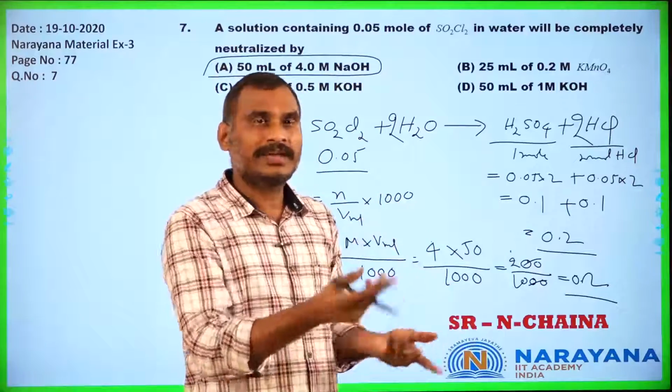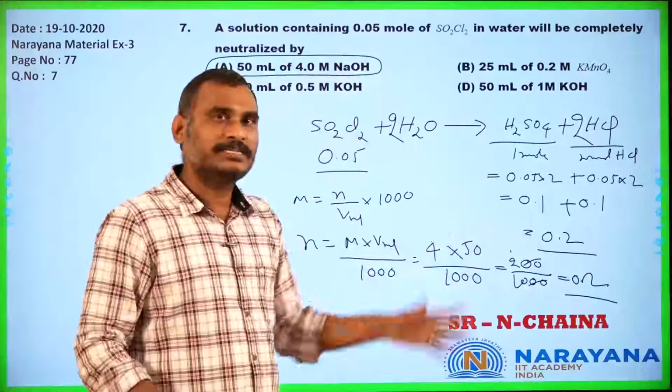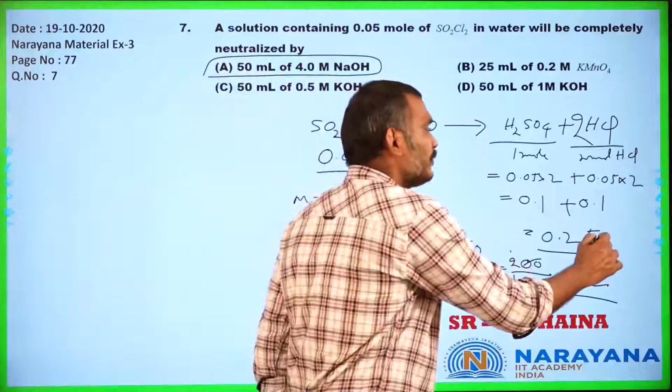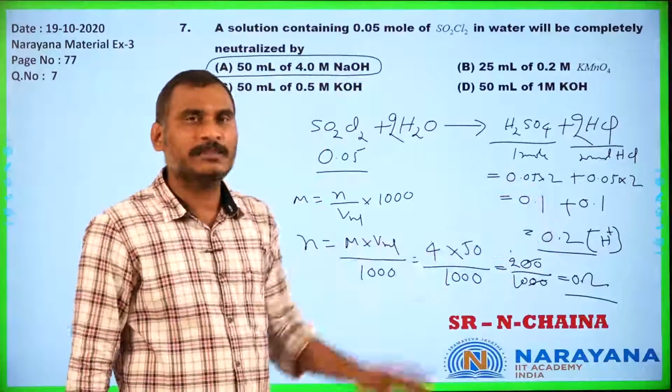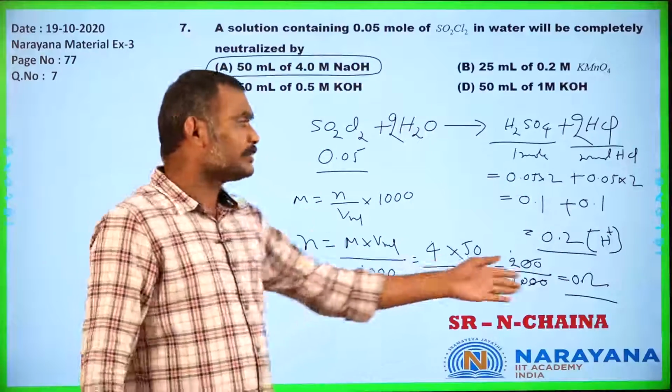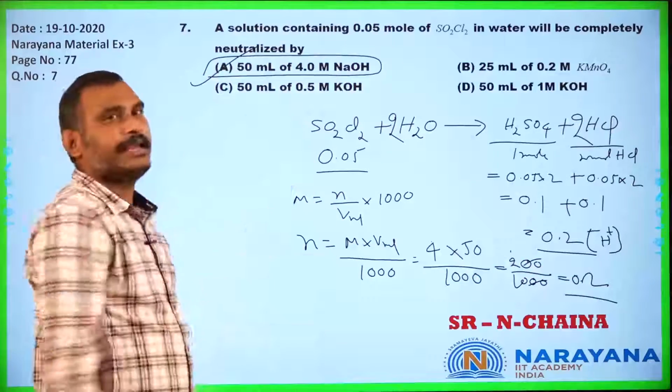The number of moles of H plus is equal to 0.05 into 2, so 0.1 moles of H plus are present. Now the number of moles of OH minus is 0.2. Therefore the answer should be A.